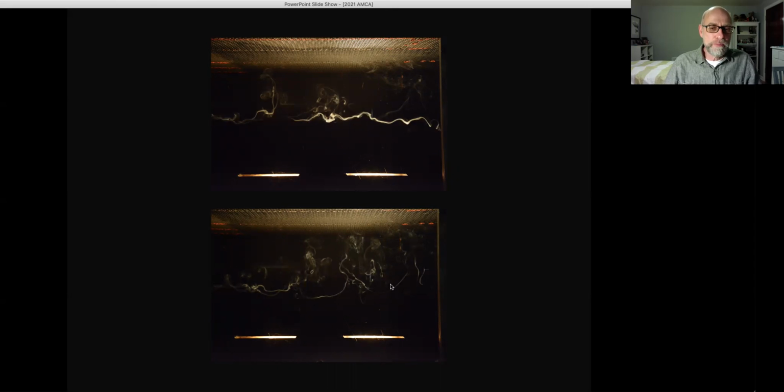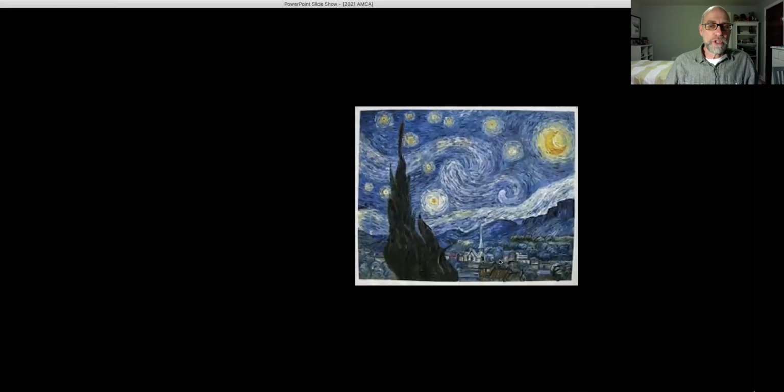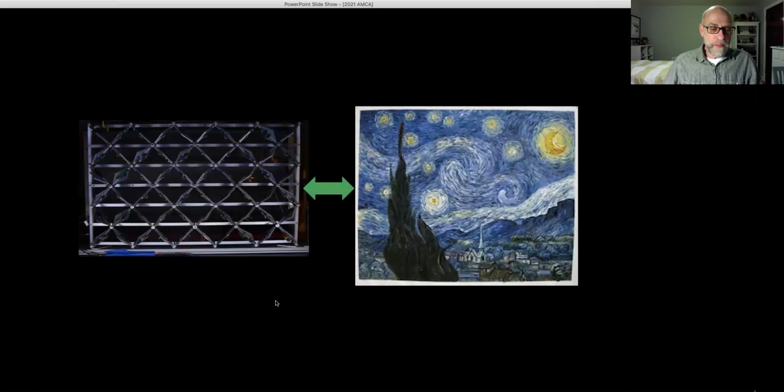So you can see these repeated structures that we're now able to generate with the active grid. So we believe that the active grid is going to give us insights into the behavior of mosquitoes and what they actually do when they're in a field setting. So hopefully we will be able to recreate what mosquitoes are doing under real starry nights.